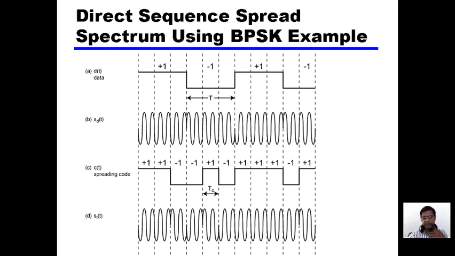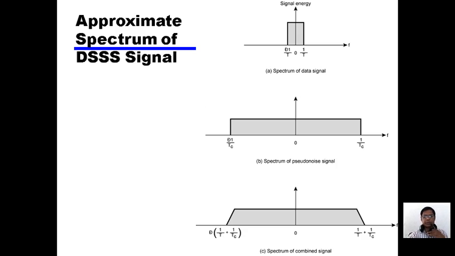Complement of complement. Okay, so approximate spectrum of DSS signals. Okay, you can see here signal, that is T1, is going to be like the spectrum of data signal against frequency. Okay, and it is going to be wide here in A you can see, and here in B you can see that the spectrum of pseudo noise is adding to the signals.